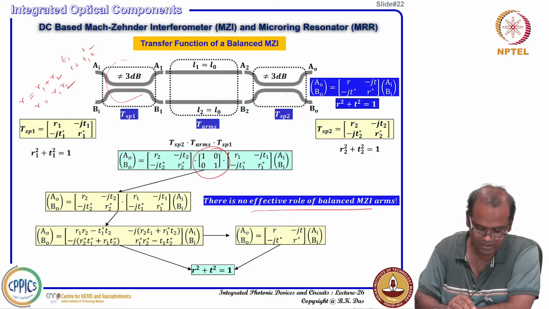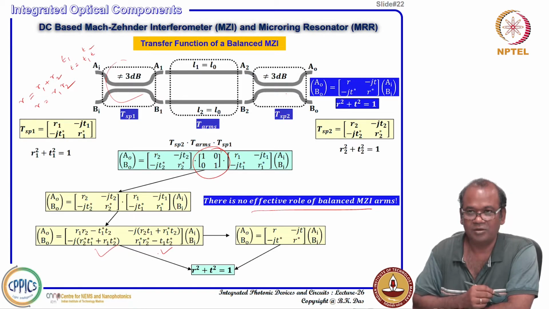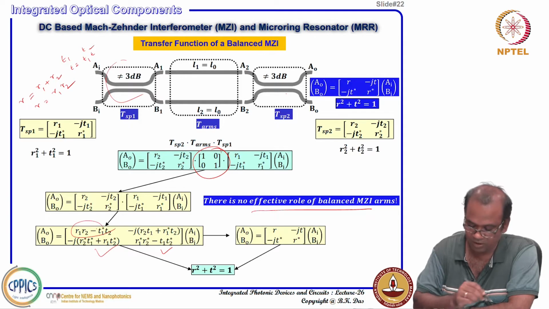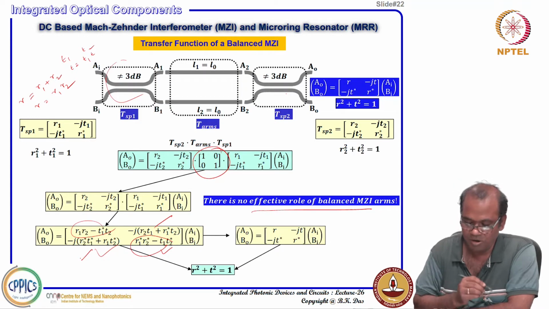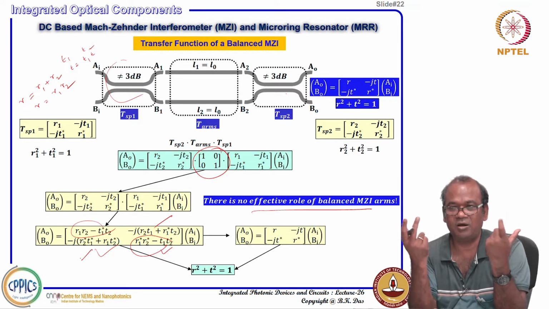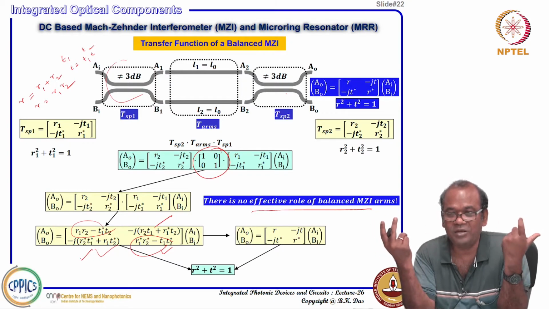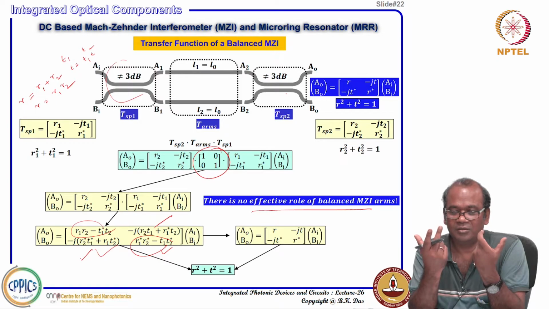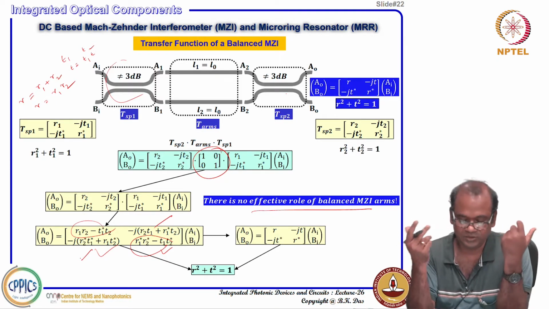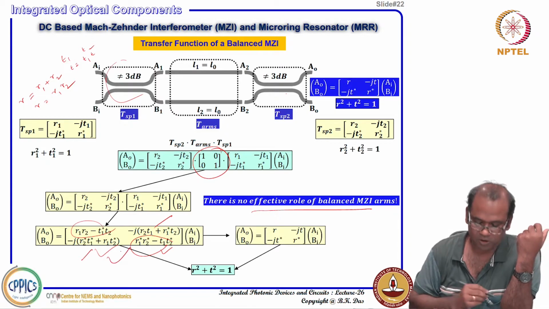Rather you have to find out this type of element. This will be your R, this will be your R star, this will be your T and this will be your T star. So for two directional couplers of non-identical coupling coefficients connected back to back, you can find the final transfer matrix in this form.